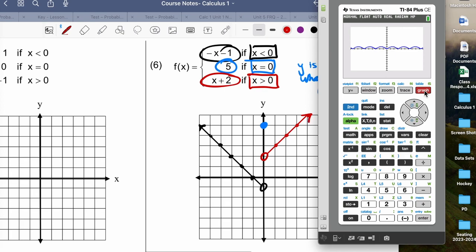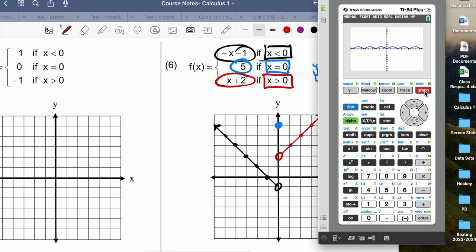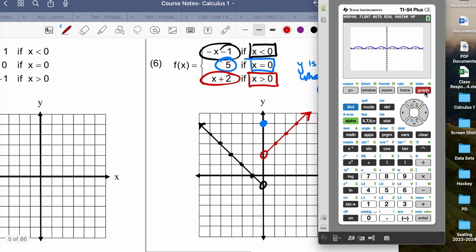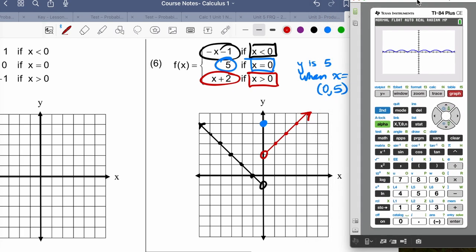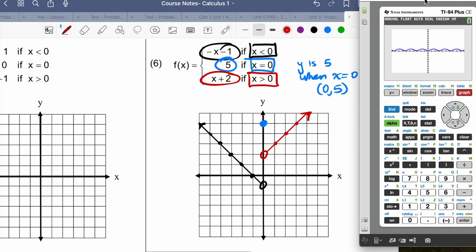So piecewise functions can be fairly easy to handle. And if you want to check it with the calculator, if you get a little extra time and want to make sure you approached it the right way, you have that ability now.